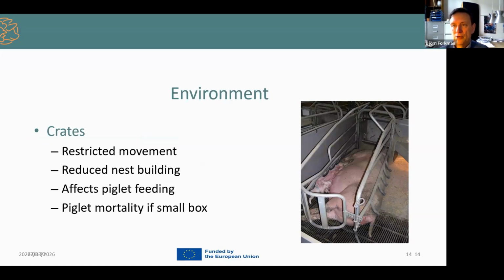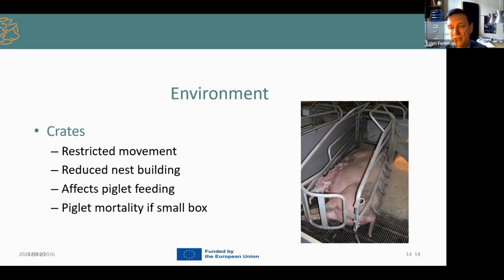In the farrowing unit, you typically have sows farrowing alone. You can either have loose-housed sows or crated sows. In Denmark, almost all sows are crated, more than 90%. So they're locked into this farrowing unit, into this crate, approximately 1 week before expected farrowing.